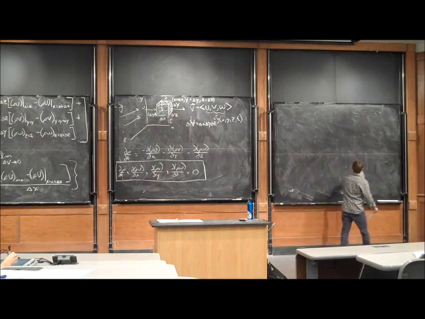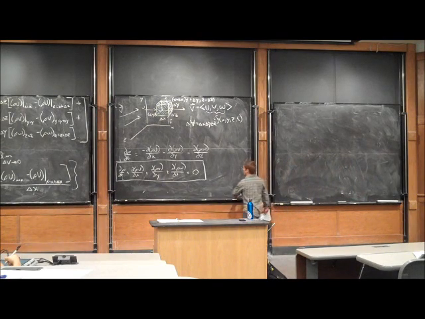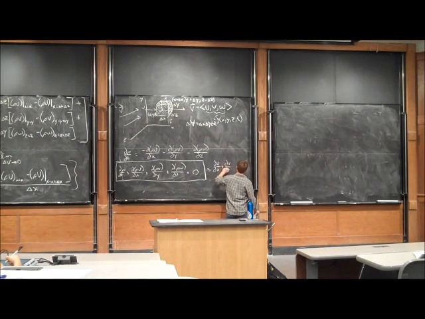So, if I say rho is a constant, doesn't change with x, y, or z, this equation simplifies down to del u, del x, plus del v, del y, plus del w, del z is equal to 0.